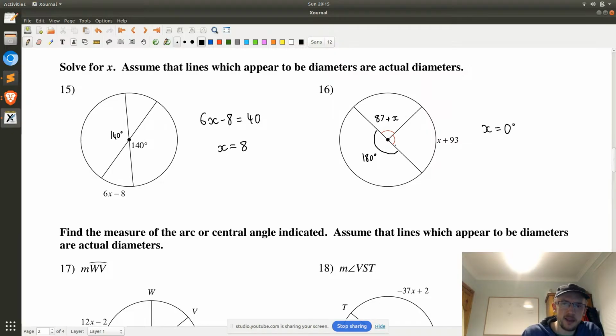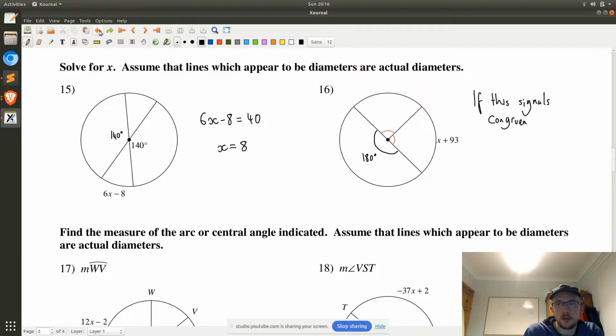Unless it's saying that these two angles here are congruent. And then, I can't quite tell with their unusual notation.